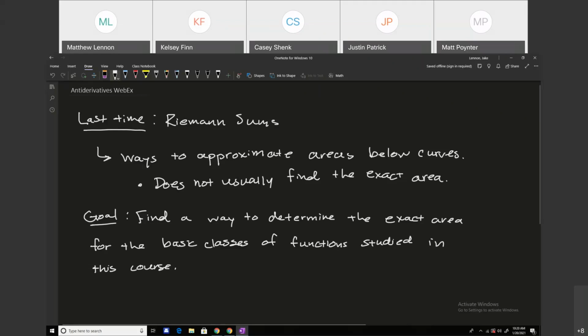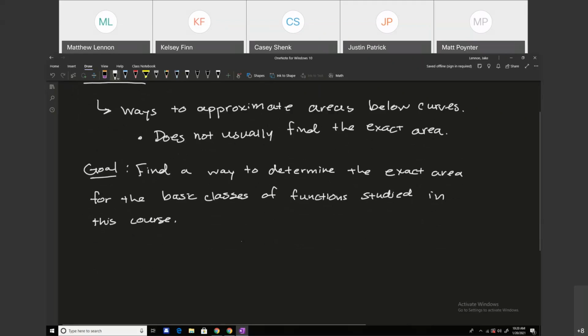So what are those basic classes of functions? There's really just three of them. Let's say polynomial functions, and in parentheses, I'll put rational functions because we'll also look at those a bit. They're not the same kind of functions, but rational functions are ratios of polynomials.